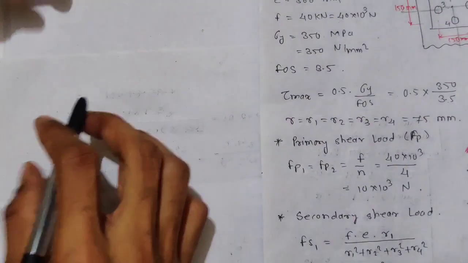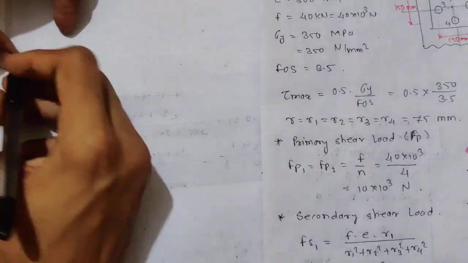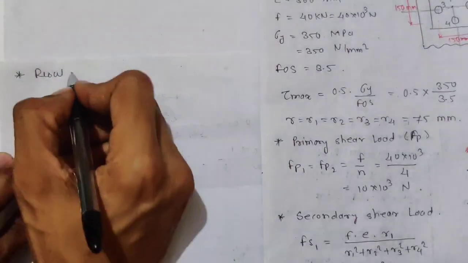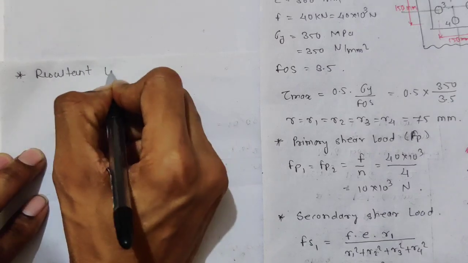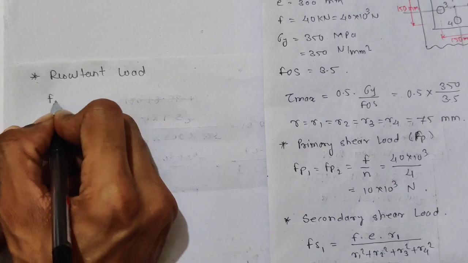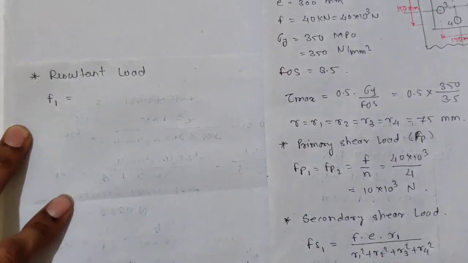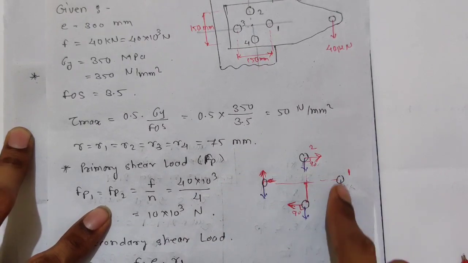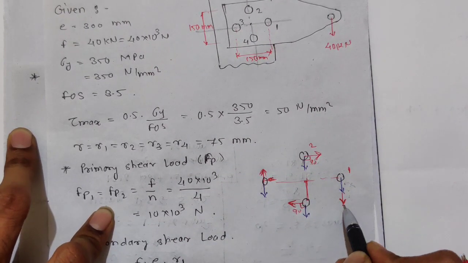Resultant load on bolt 1. Now see, in case of bolt 1, there is no angle between the primary and secondary load.